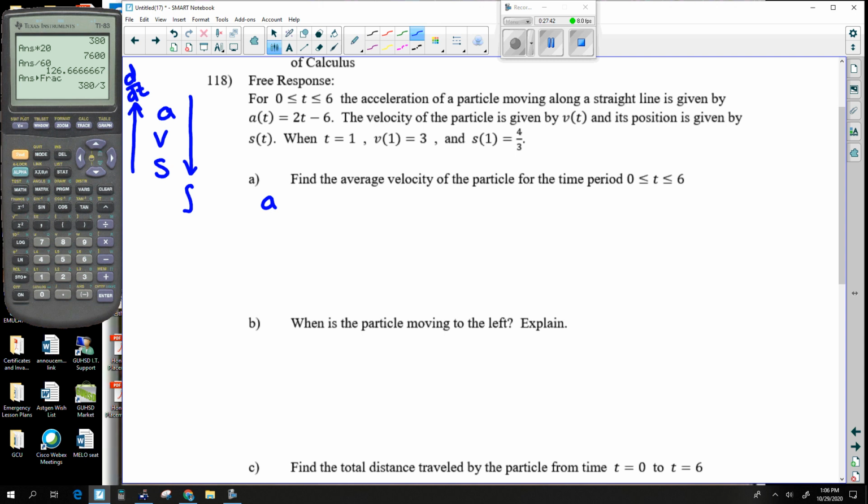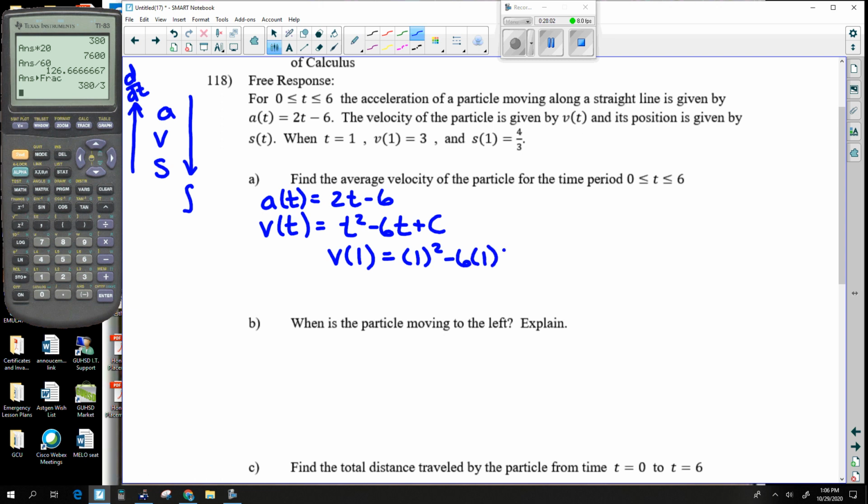All right. So right now, the acceleration of this particle is 2t minus 6. So that implies that the velocity of this is the integral, plus c. They do give me an initial value, so they give me a time of 1, and that is equal to 3.